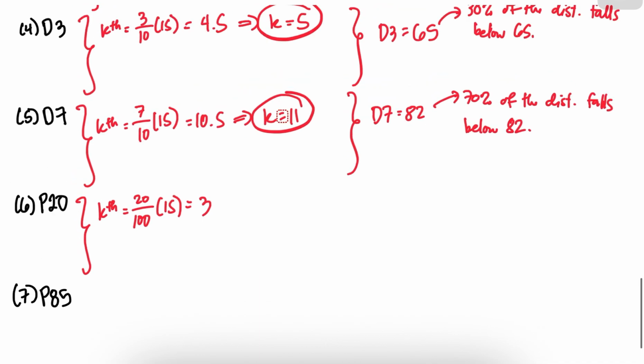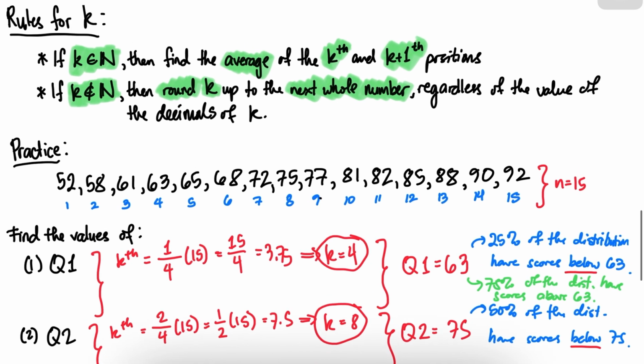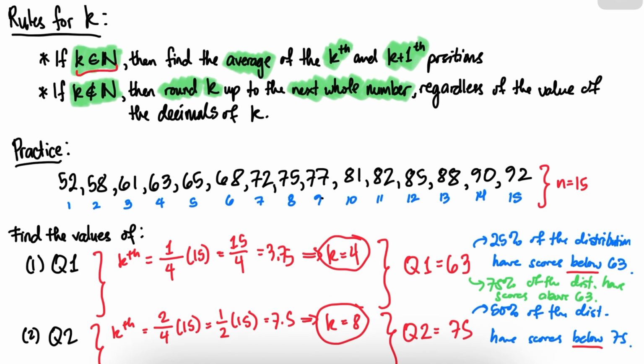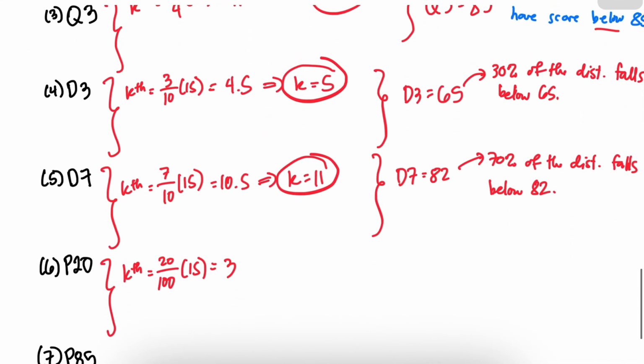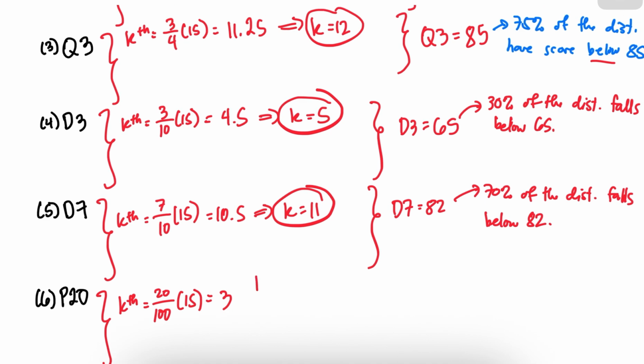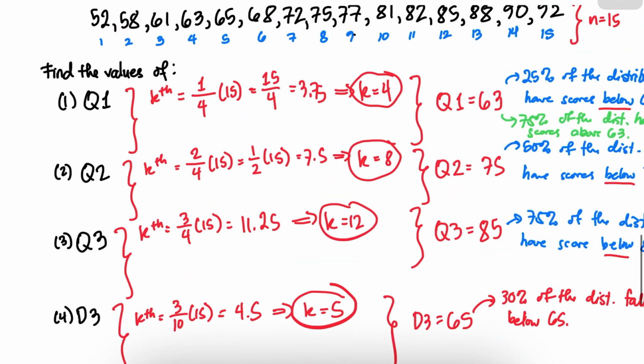So we're going to make use of rule number 1. If the k is a whole number, we're going to find the average of the kth and the k plus 1th term. So our k is 3. The third number is 61. Okay, let me note that first.